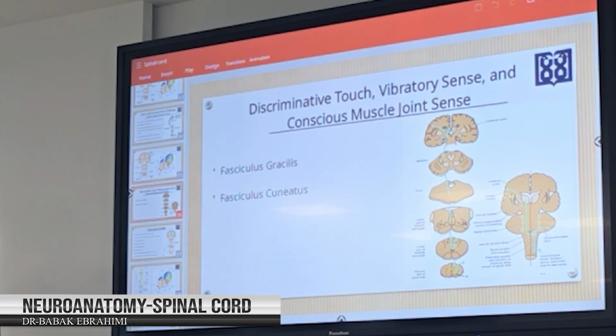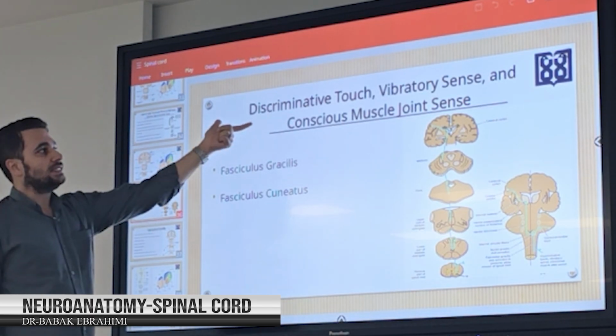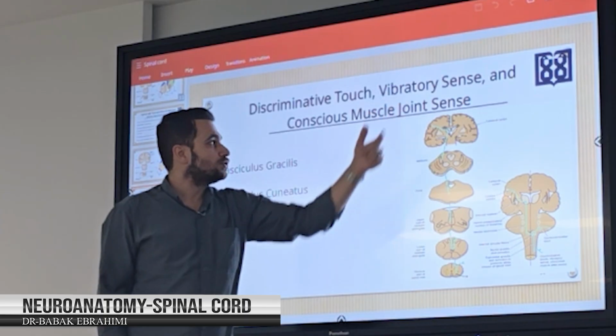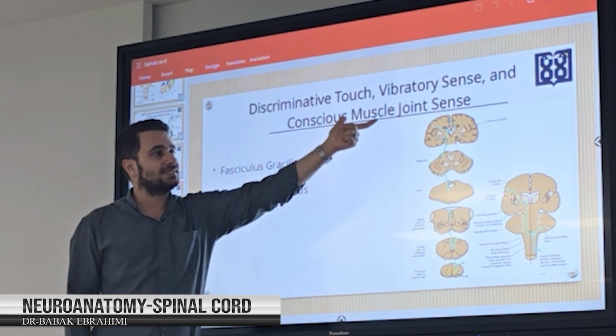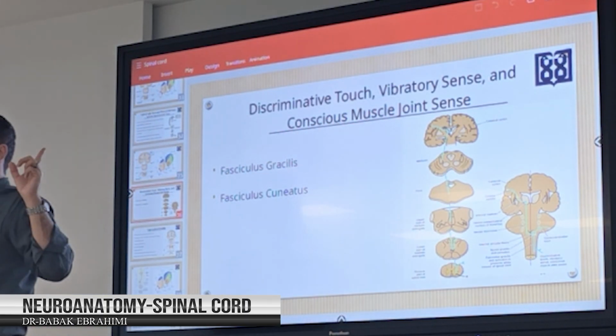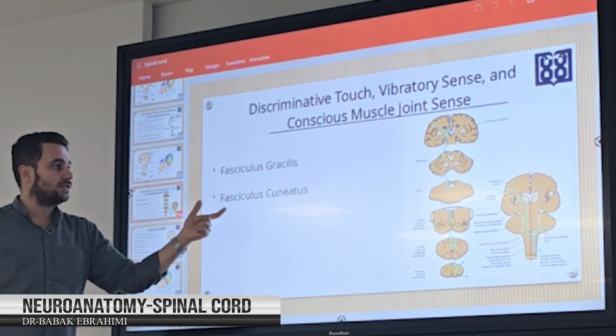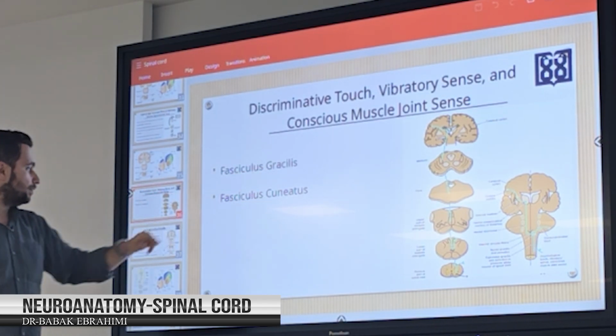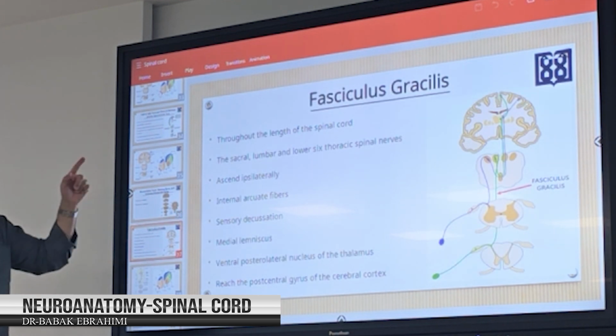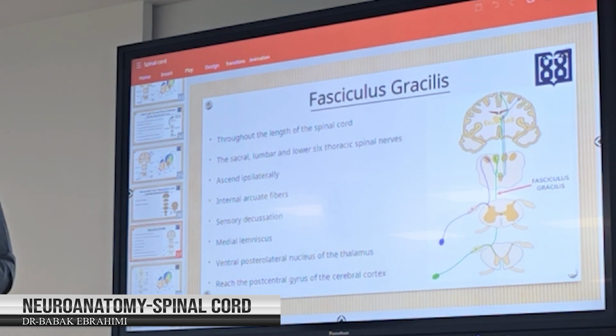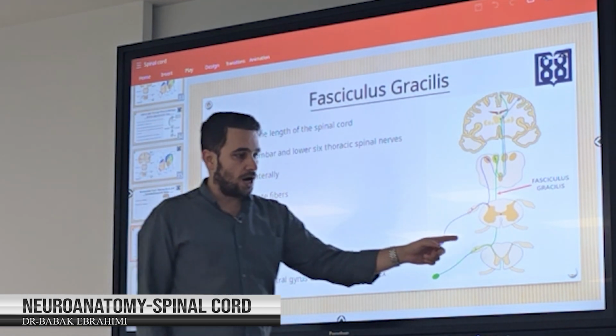Okay? Thank you, Sita. So you are seeing discriminative touch, vibratory sense, and conscious muscle joint sense. Sense of upper limb and lower limb. Fasciculus gracilis and fasciculus cuneatus. Look at here, the fasciculus gracilis. I told you about the DRG.